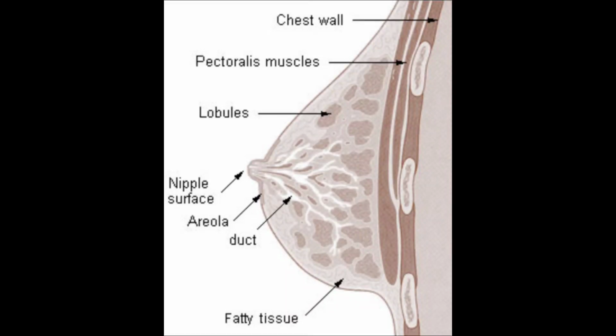Beside this, if you look at the components of the breast, there are mainly fatty tissues, but the breast comprises fatty tissue and fibrous tissue. Fibrous tissue is usually seen in young women, while fatty replacement can be seen in older women.